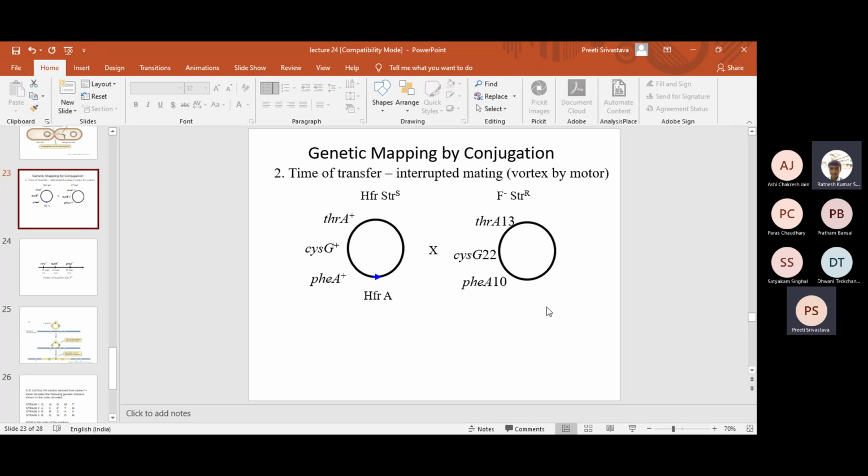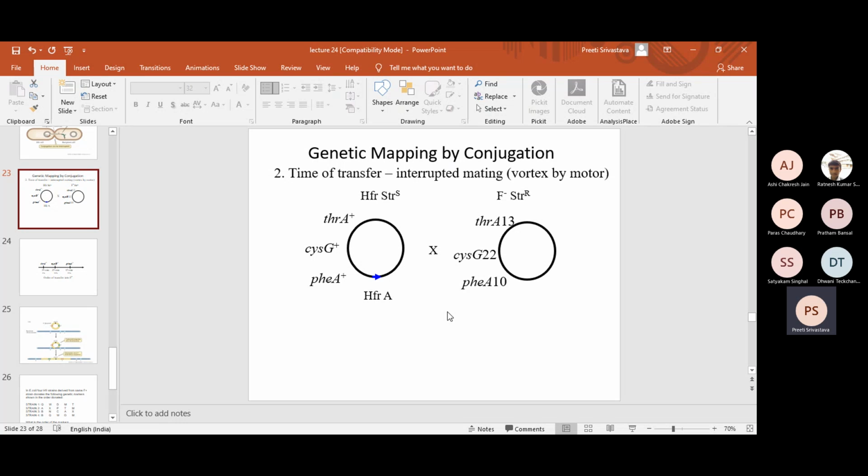Recombination will happen, and genes can be transferred. Right, but then what will be the direction of the transfer? Point number one, let me explain to you.